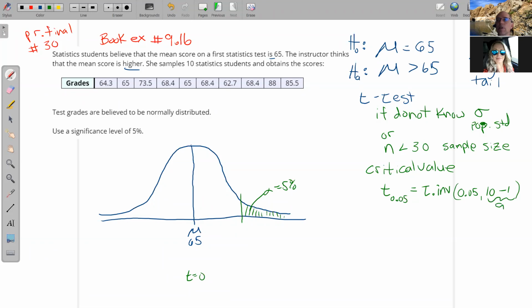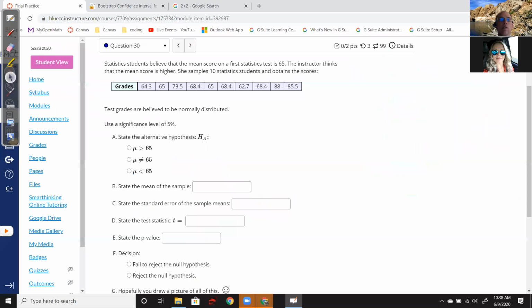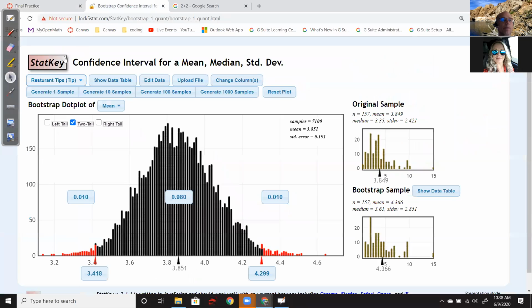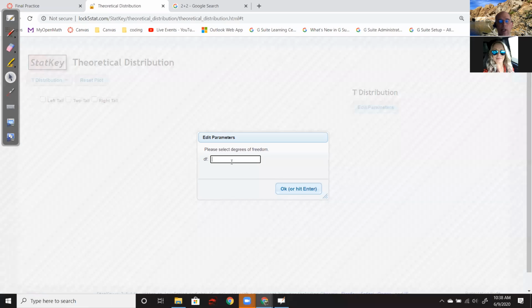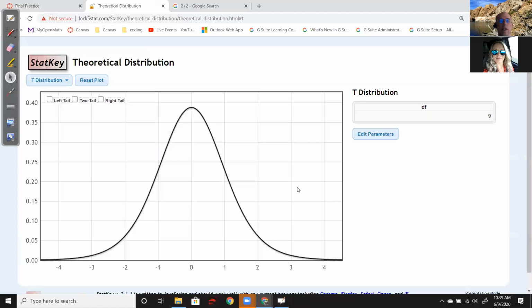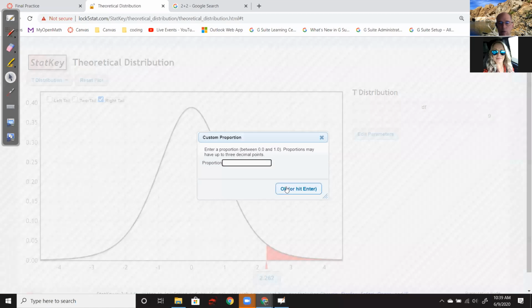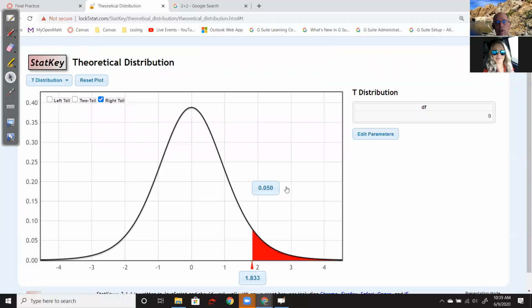But I'm going to get that number just for fun from StatKey. So for StatKey, your only choice for t's is the theoretical t distribution down near the bottom. And it wants to know df, which means degrees of freedom, or what's the sample size minus 1. So for me, that's a 9. And then since this is a right tail test, I just put my alpha up here. Mine was 5%.